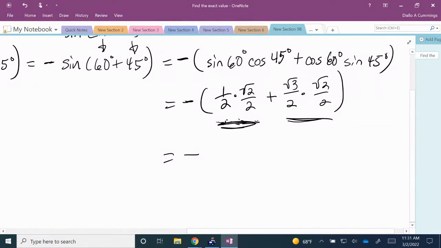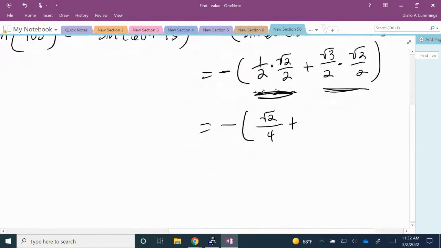So in the first term, we're multiplying fractions. When we multiply fractions, we multiply the numerators and the denominators. So we have the square root of 2/4. And for the second term, we multiply the numerators. The square root of 3 times the square root of 2 is the square root of 6 over 4.